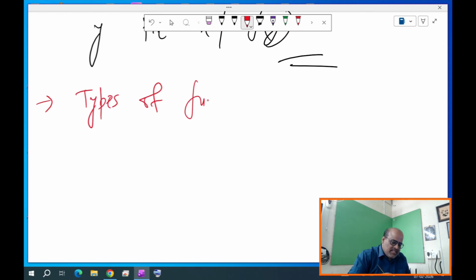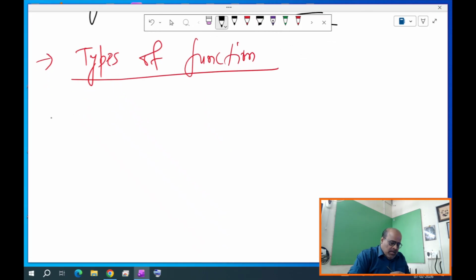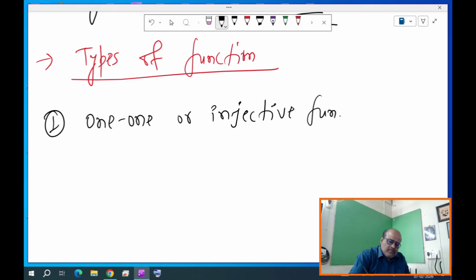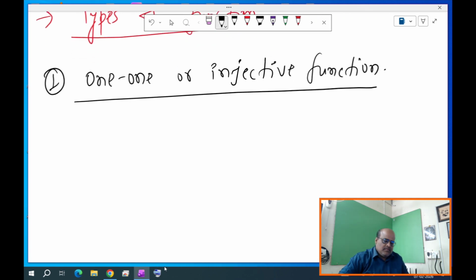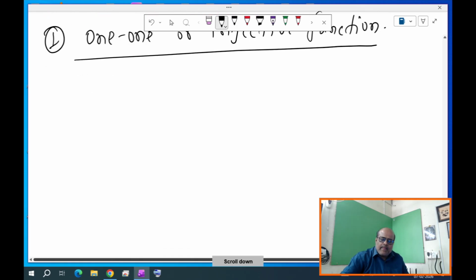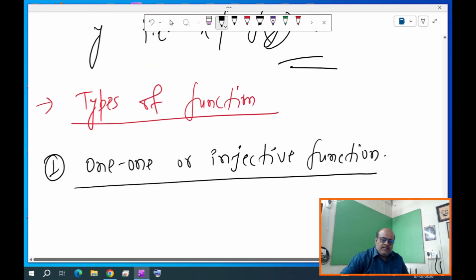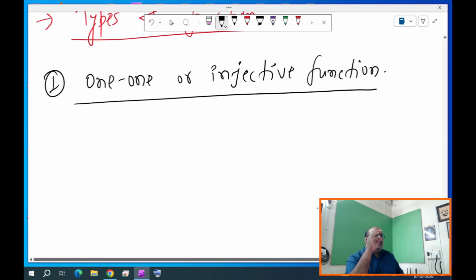Hereafter, we will see types of function. In the definition of a function, I told you every element of A, associated with whatever rule or function we have, gets a unique image in the codomain.